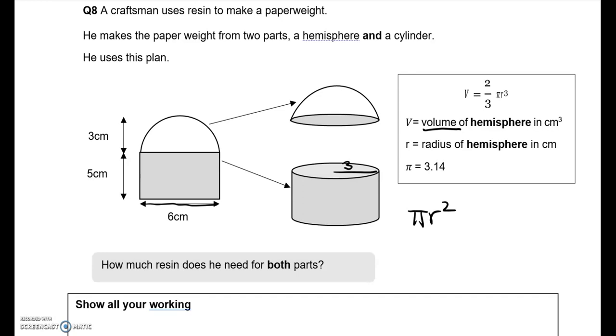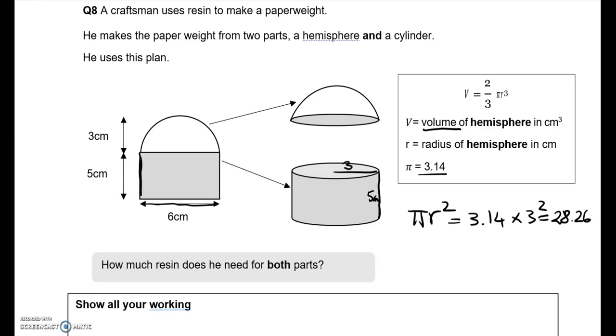So in this case, we've got pi, which is 3.14, times 3 squared, which is equal to 28.26.